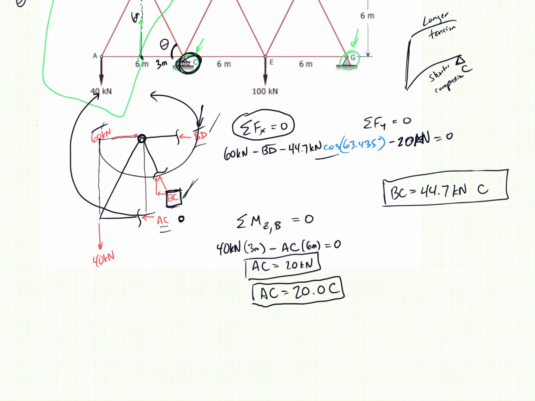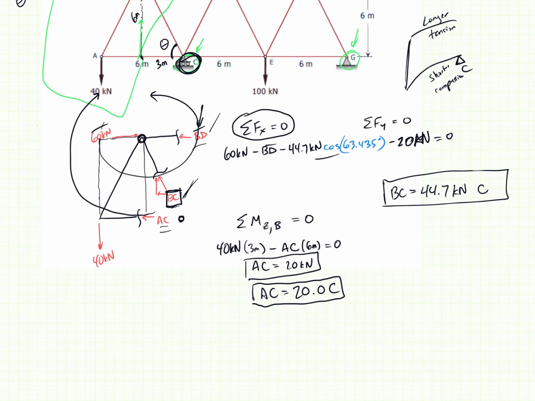So C is going to go the opposite way, and its distance is 12 meters. Then we've got 100 kilonewtons, which is the same way as that first one, but that's only 6 meters away. Then we need to deal with that 80, which is also downward, plus 80 kilonewtons.